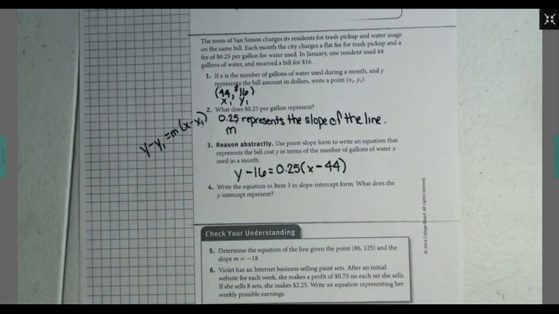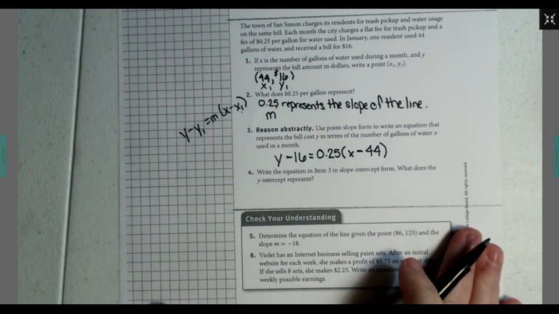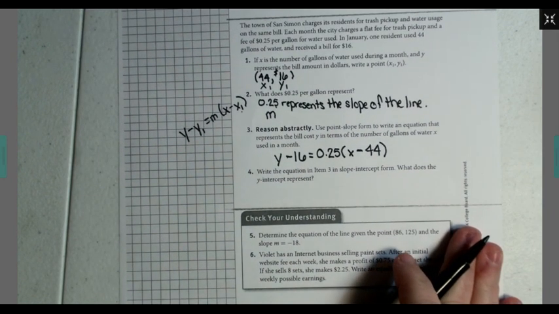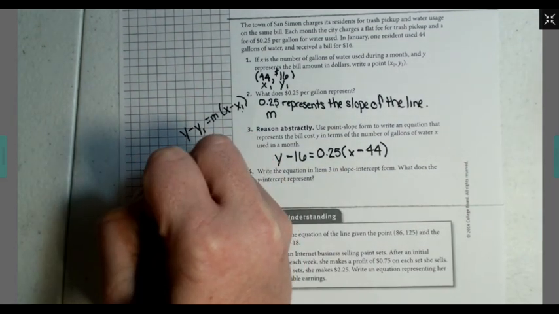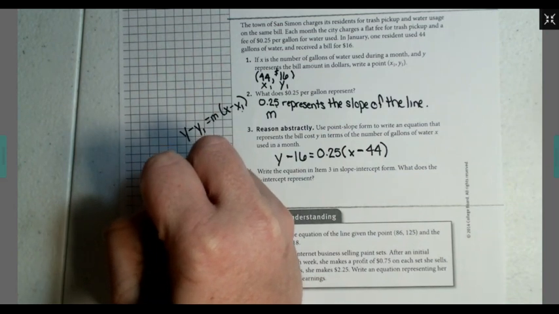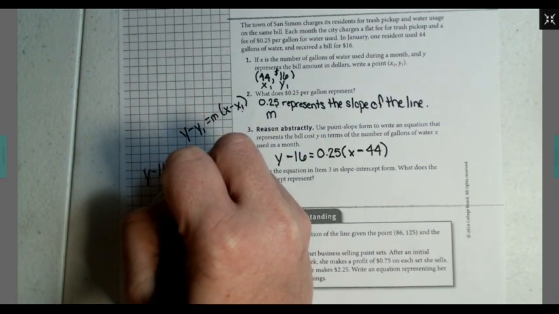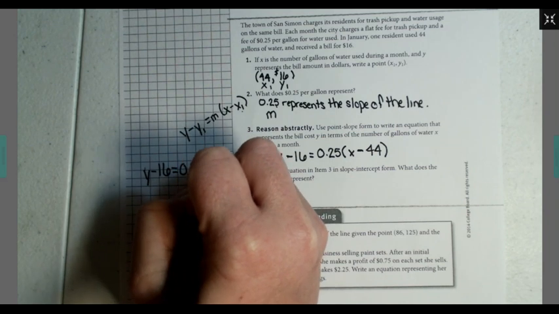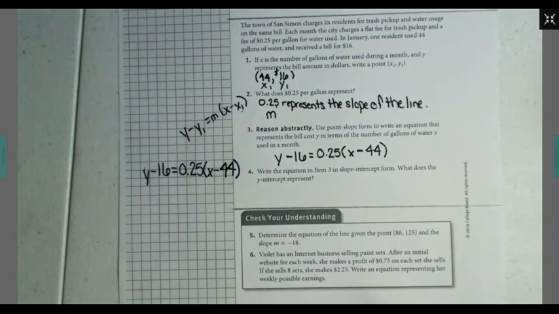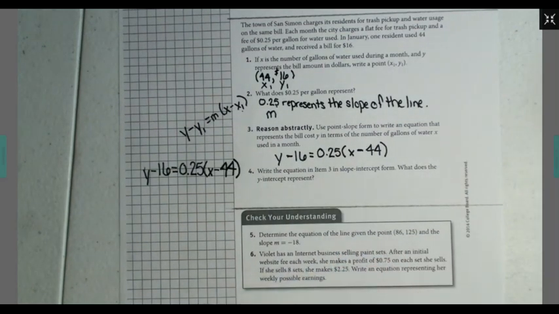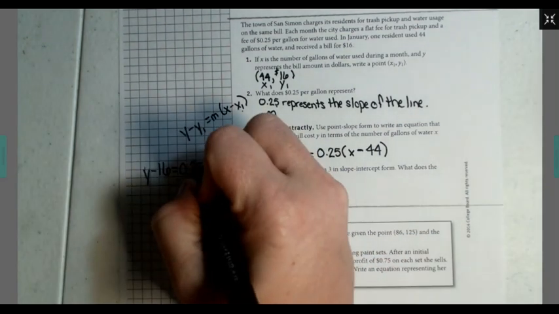Number 4 asks us to write the equation in item 3 in slope-intercept form. And what does the y-intercept represent? Well, I'm going to do this math off to the side. I have y minus 16 equals 0.25 times x minus 44. First thing I want to do is use the distributive property.